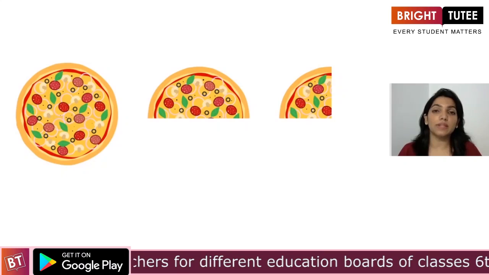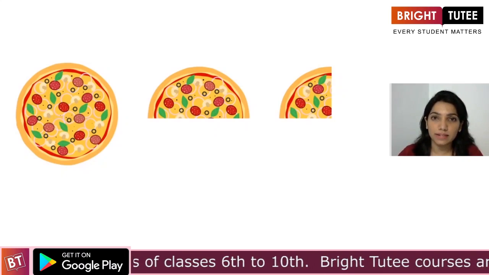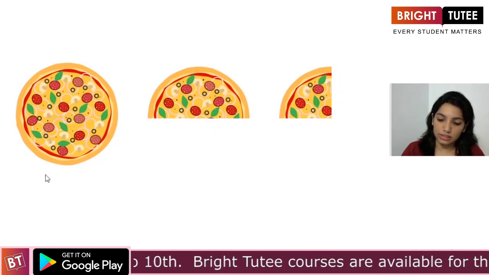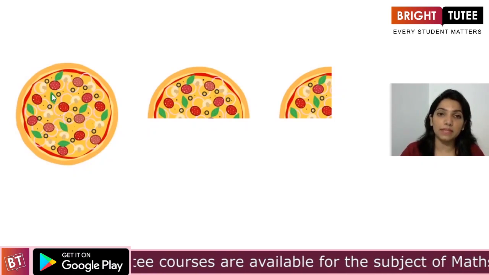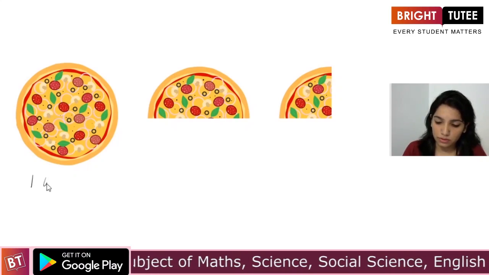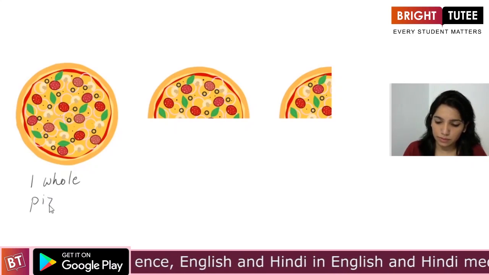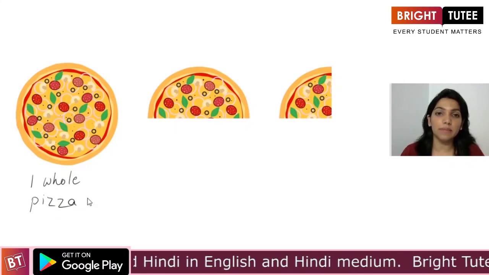In the first one that you see, we have got a complete whole pizza. Is that right? Here you can see that it is a complete pizza, so we write it as one whole pizza.